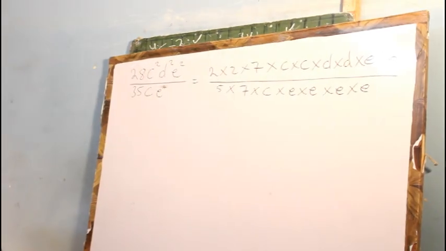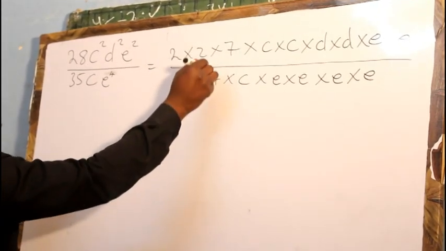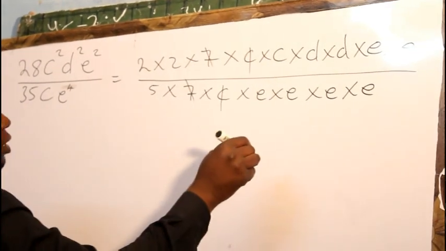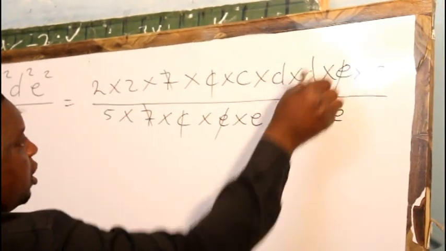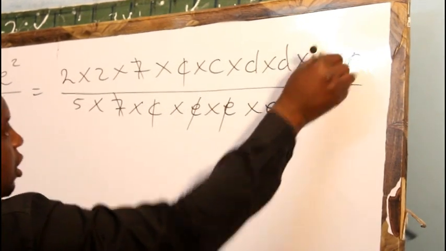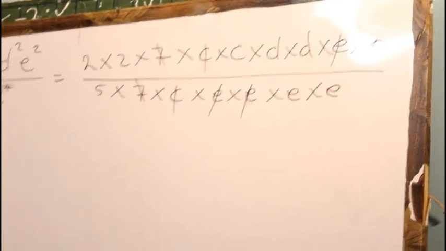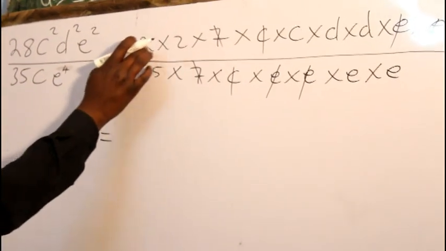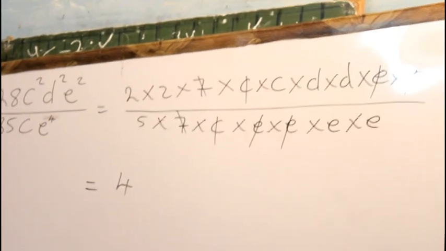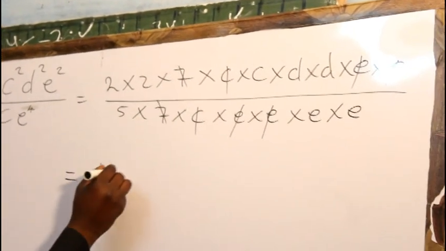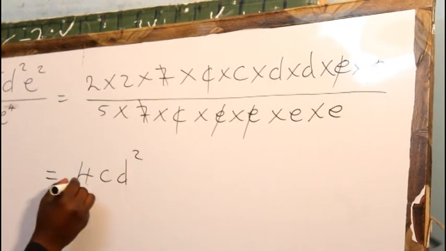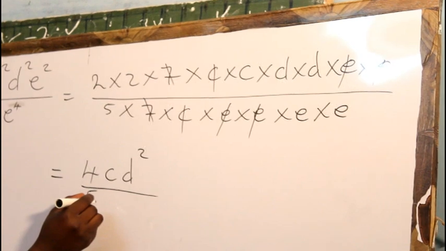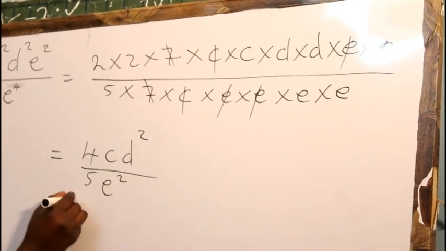Common factors cancel off: 7 and 7, c and c, e and e. What are we left with on the numerator? 2 times 2 is 4, so 4 c d squared over 5 e squared.